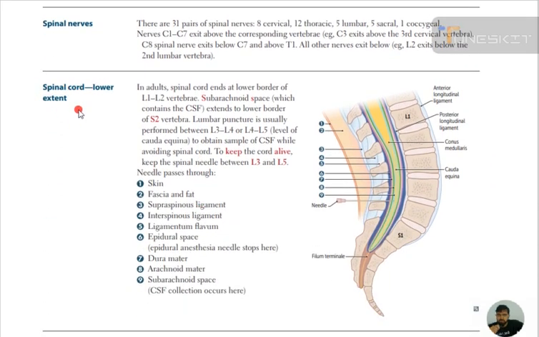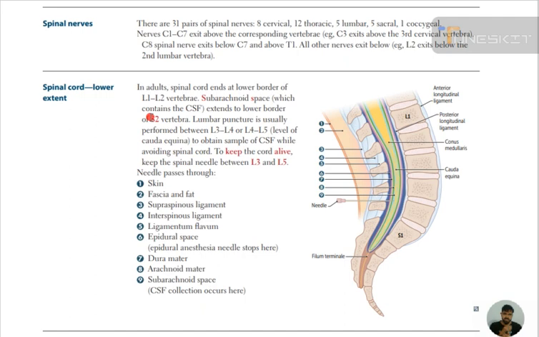Spinal cord lower extent means what is present in the lower extent. As we go down the spinal cord, what would change? In adults, the spinal cord ends at the lower border of L1 to L2 vertebra. The subarachnoid space, which contains the CSF, extends to the lower border of the sacral 2 vertebra.